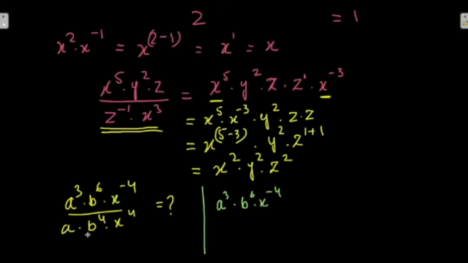Now when a moves to the numerator, it becomes a raised to power minus 1. When b raised to power 4 moves to the numerator, it becomes b raised to power minus 4. When x raised to power 4 moves to the numerator, it becomes x raised to power minus 4. So it becomes into x raised to power minus 4 into x raised to power minus 4.